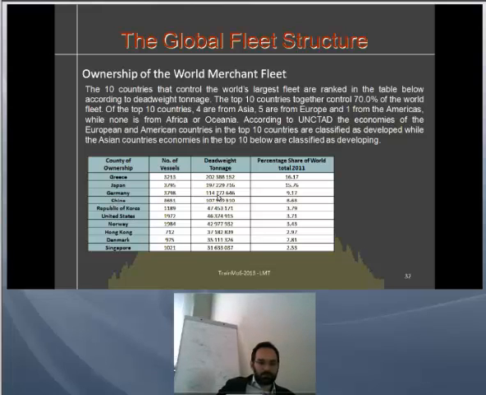Also Singapore is at the bottom of the list, but they're highly investing in new vessels, and also attracting a lot of shipping business, and this will potentially increase the number of vessels registered in Singapore, and also the deadweight tonnage percentage of the world.